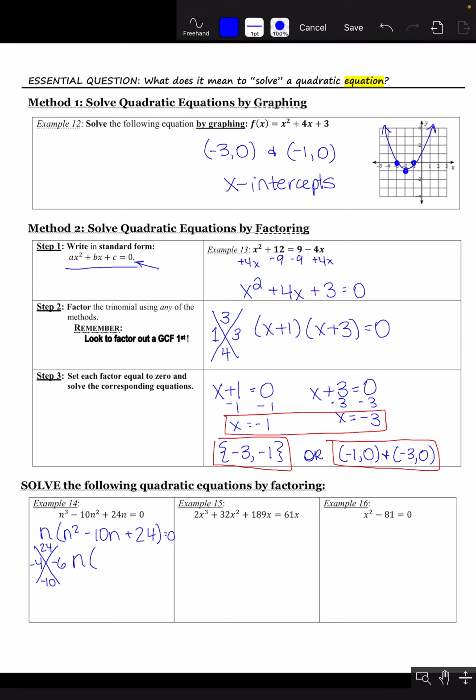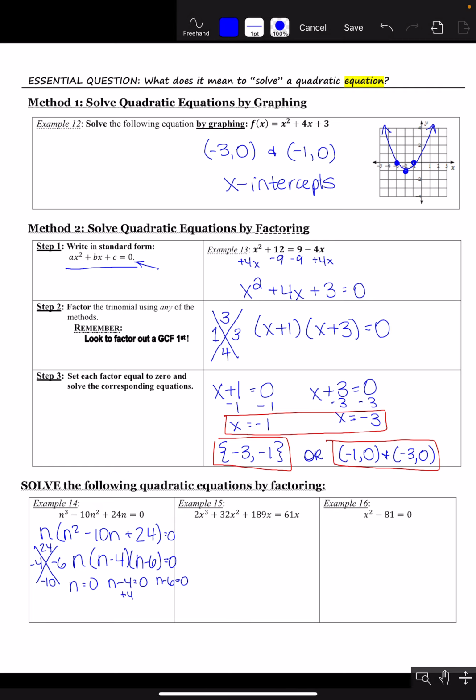So keeping that GCF on the outside, we'll have n times n minus 4 times n minus 6 equals 0. And what we want to do, anything with a variable, we want to set it equal to 0. So we end up with n equals 0, n minus 4 equals 0, and n minus 6 equals 0.